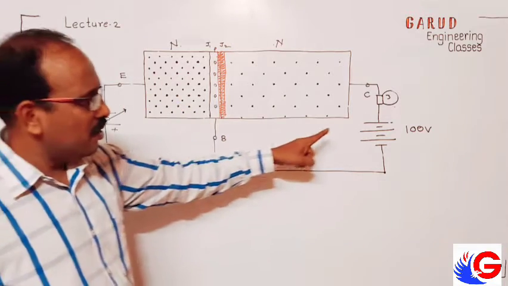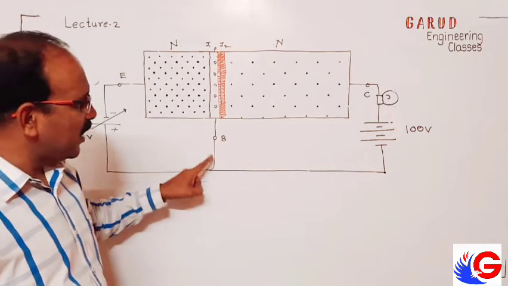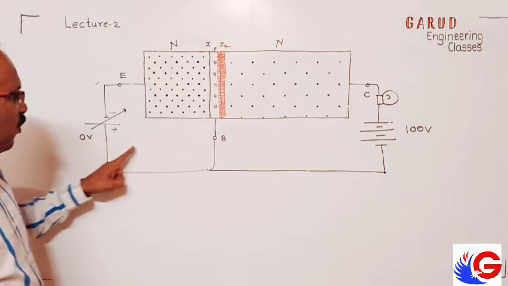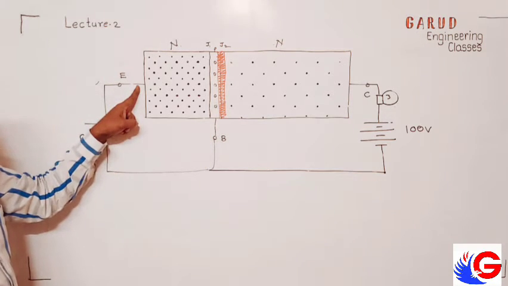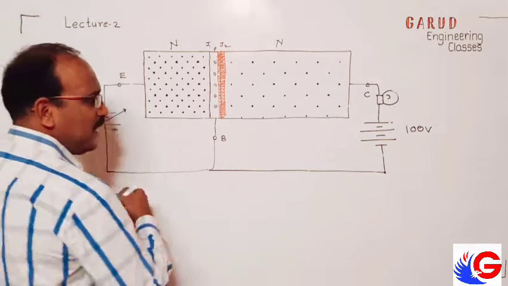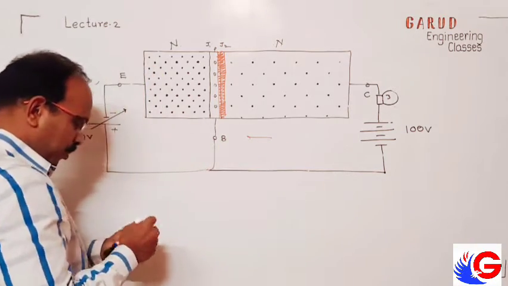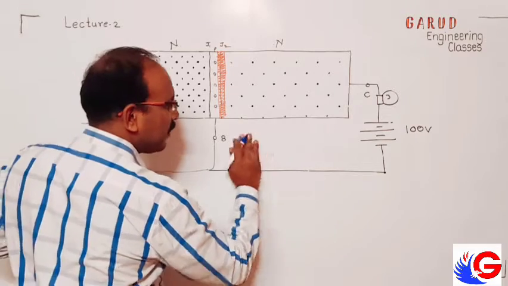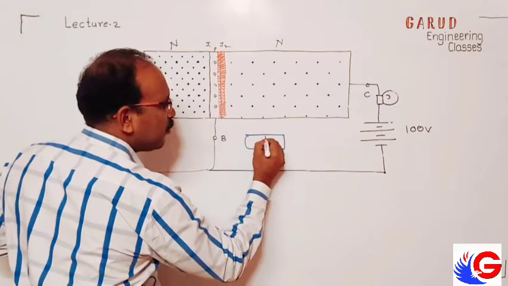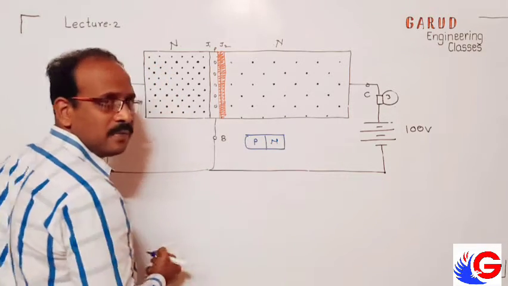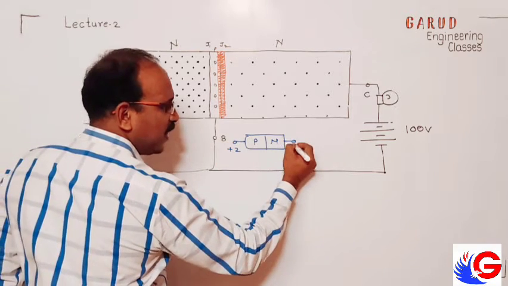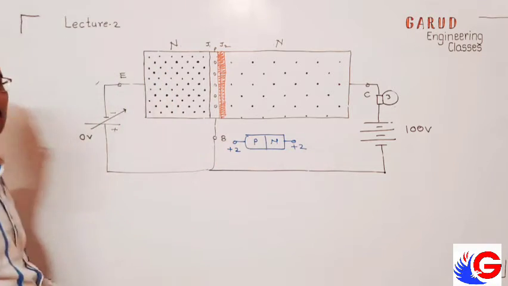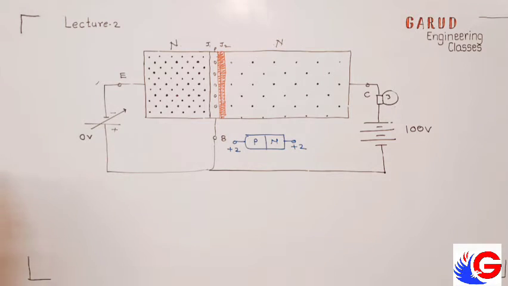Pay attention here. Whatever the negative terminal connected here, for the 0 volt, the same negative terminal is connected here. Suppose if I say PN diode, what will happen? You tell me. Suppose this is a PN diode. If I give 2 volt here and 2 volt here, what will happen to this? Nothing.